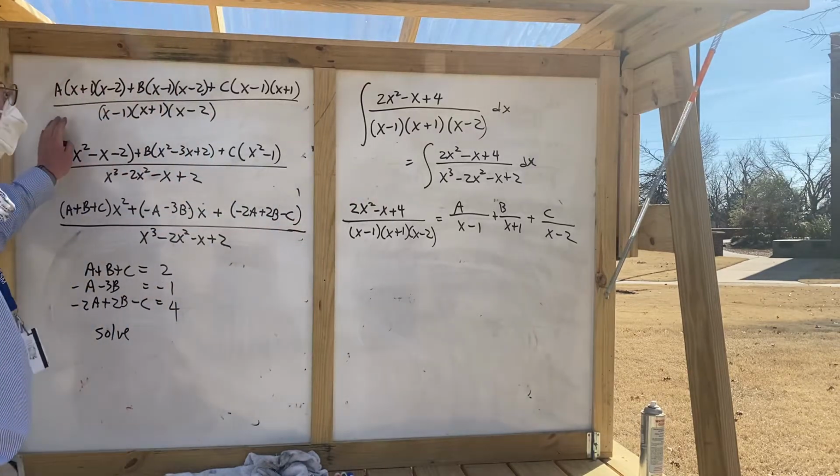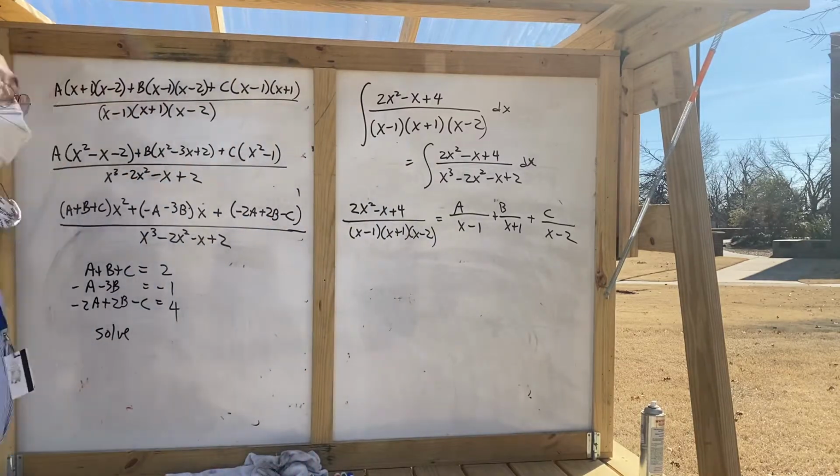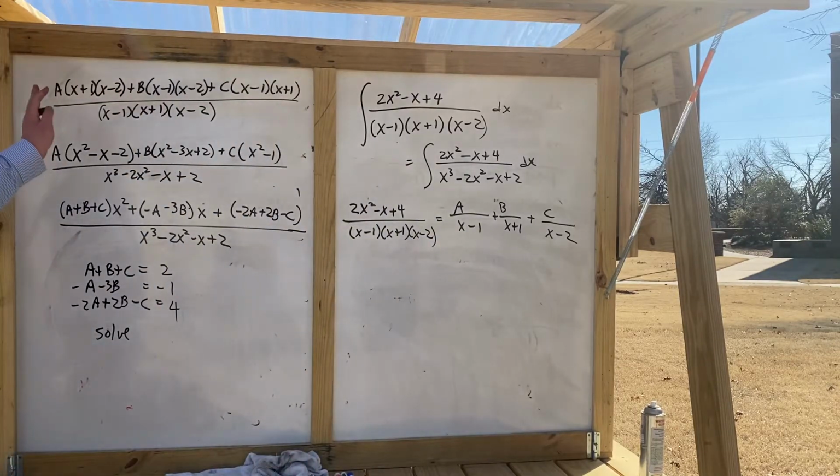I have to split this up into three partial fractions, go through all this algebra and arithmetic, which I hope I did correctly, which I'm not sure because I can make careless mistakes. But here's the trick method.